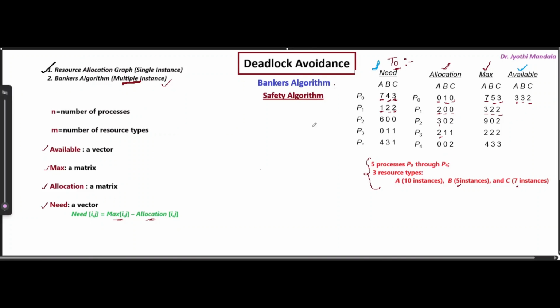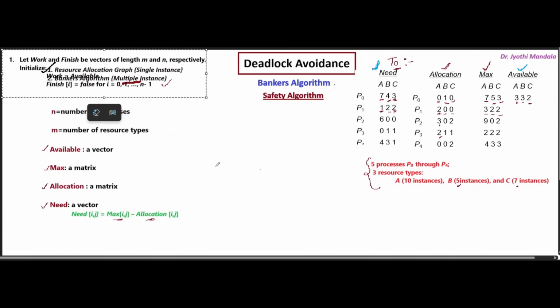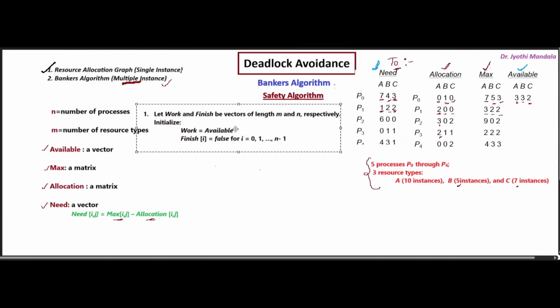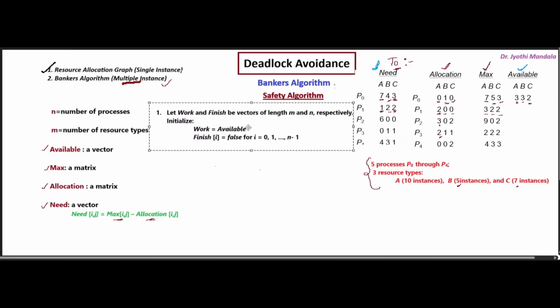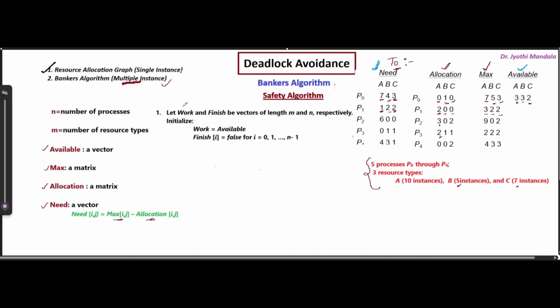Okay, for that the algorithm is defined like this. So let us see that algorithm. The first step of the safety algorithm is, you need to have one more variable called work, and another variable called finish.